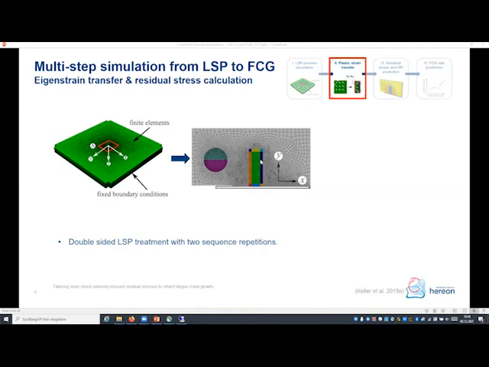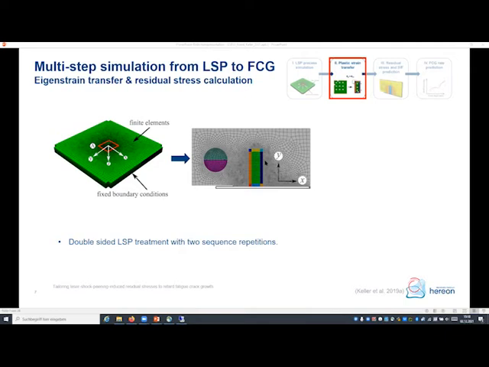And then here in this case, I simulated double-sided laser shock peening where I repeated the sequences twice from both sides. So I have in total 4 LSP treatments, and then the material is different for the plasma pressure identification. And then I can calculate the residual stresses in the CT specimen by transferring the plastic strains. In the CT specimen, these plastic strains are introduced as thermal strains, and then the temperature is raised by a certain amount in the CT specimen.